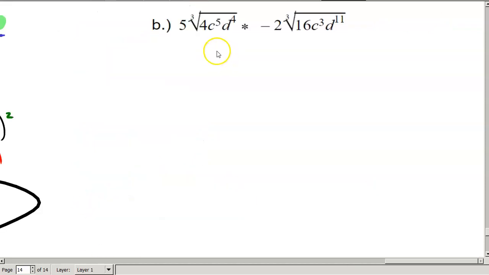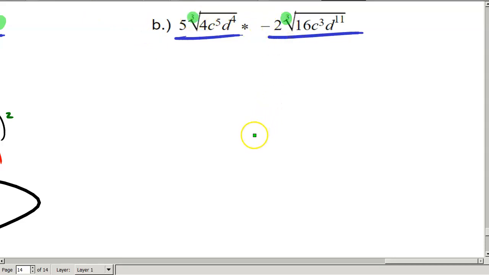Part B, we are multiplying these radicals together. So I have this. It almost looks like it's subtraction there, but we have a multiply right there. So it's multiplied by this radical right here. So again, we can multiply these radicals together so long as we have the exact same index here, which we do.